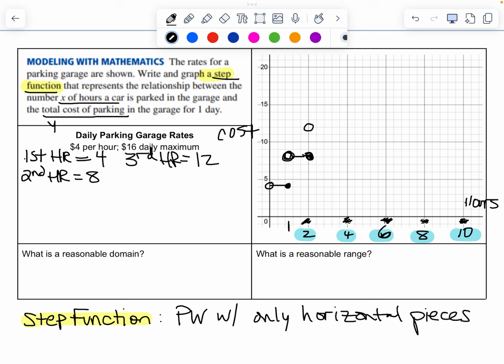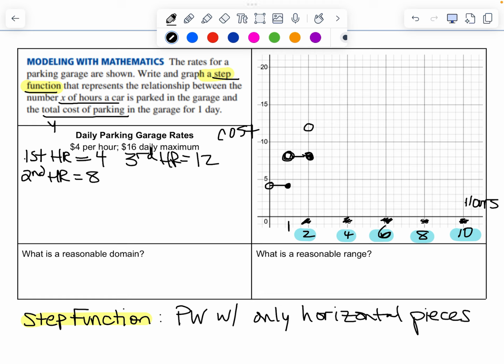Then finally, and I say finally because once I get after the third hour, once I pass that marker, I know that it's going to be $16. So once I pass 3 hours, everything afterwards is going to be $16. So again, I'll go up to 16. It's right there.